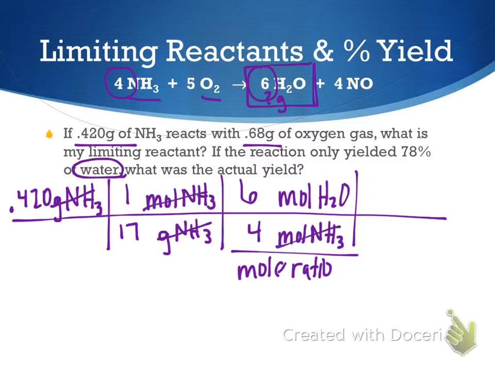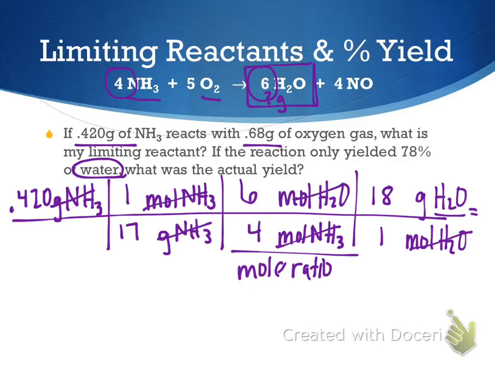Okay, so we're done with moles of NH3. Now we want to go from moles of water to grams of water. Okay, moles here gets the 1. The molar mass of water itself, go ahead and calculate that. Okay, we should get about 18.